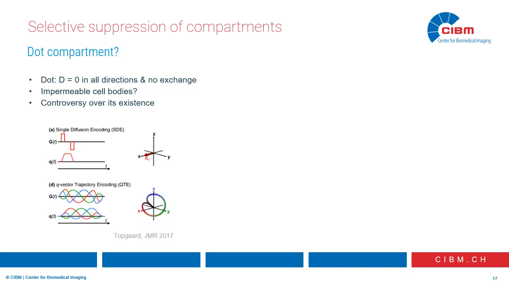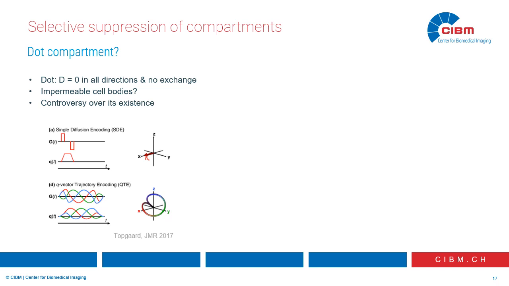So again, a very creative way to answer this question was to go to high Q, but also go from a single diffusion encoding, where you're traveling in Q space along a specific direction, which is your direction of encoding, to instead doing a whole trajectory by playing dedicated gradient waveforms, whereby you're imparting diffusion weighting in all possible directions of space at once.